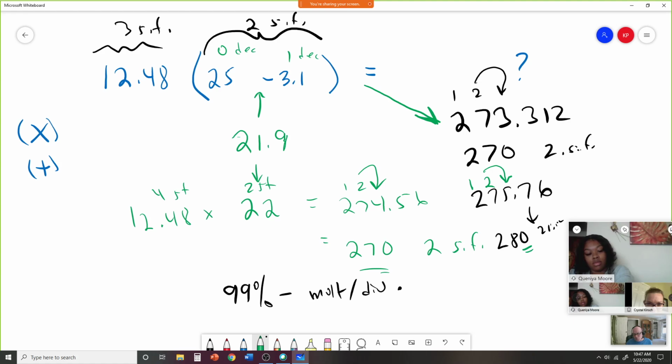Now we have to add that 0 in to keep the same size, because 28 is not 280. 28 is not the same size as 280, so don't do that. Usually it's not a problem in 151. But yes, exactly right: if you got 275.76, you'd go 1, 2, look one more over, round up to 28, and add that 0 on so that you have the right size. Does that answer your question?